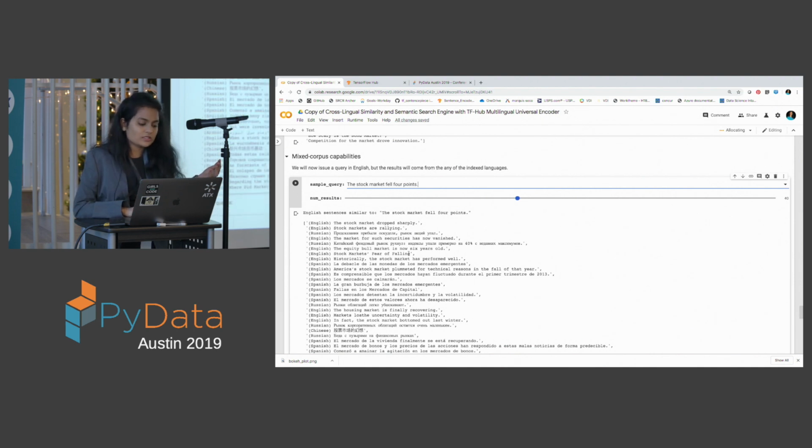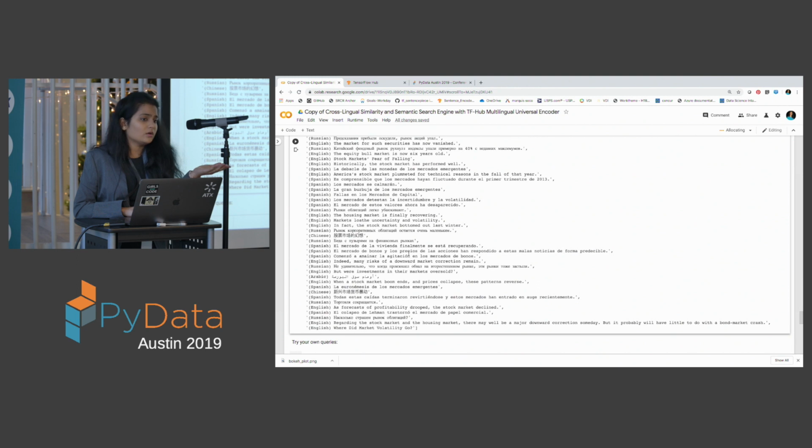If you have data in multiple languages and you want to do a semantic similarity search, this is exactly how it would work. You wouldn't have to use multiple models or anything like that.